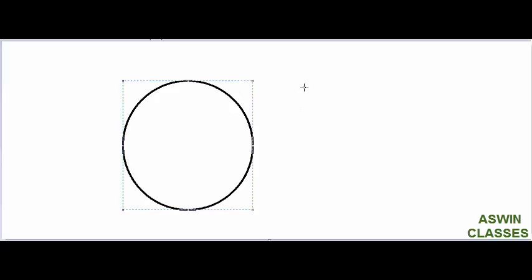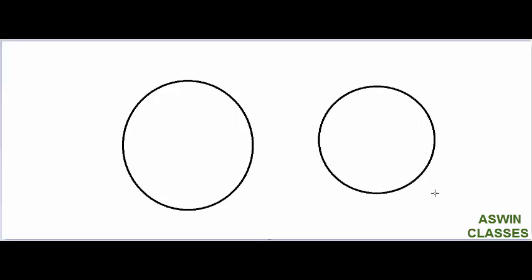Let this be another circle, and arcs of the same length. So you have two angles, 60 degree and 75 degree.